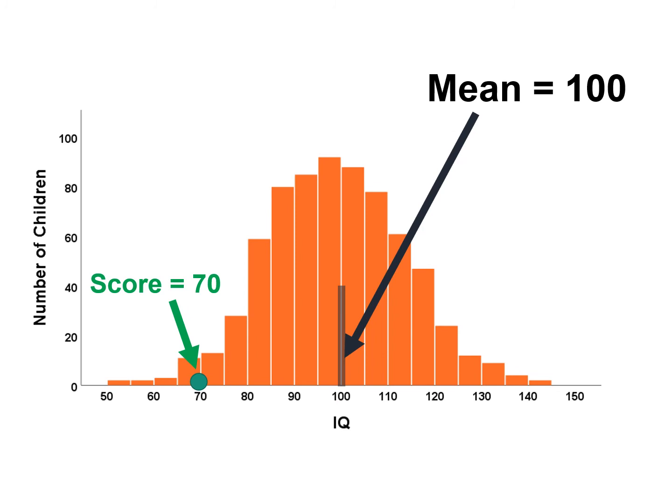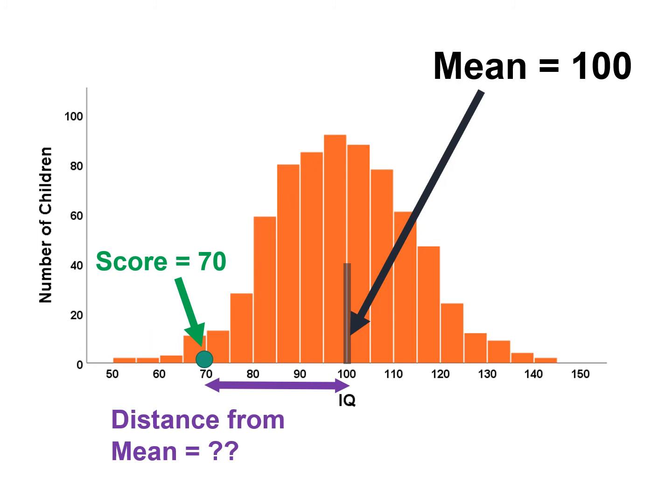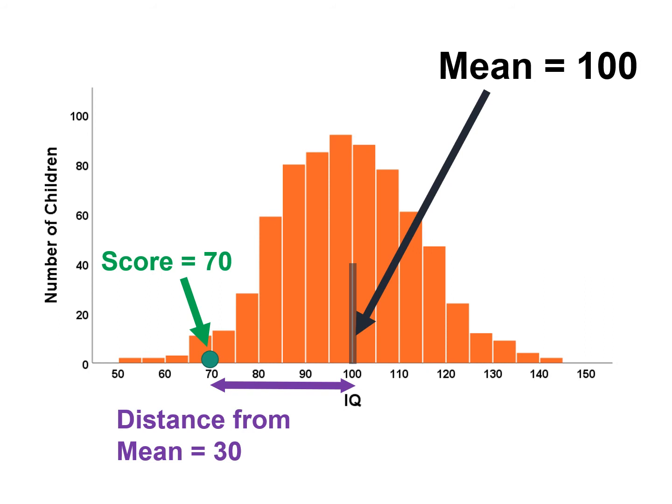Here's another example, a child with an IQ score of 70. So take a minute to jot down what the distance from the mean would be for this child. The distance from the mean here is 30. Remember that the distance from the mean is always positive except for one exception that I'll get to in a second.